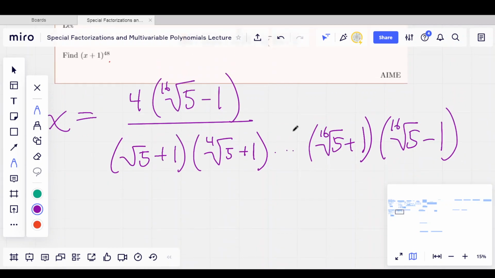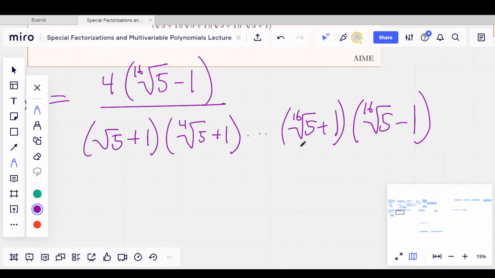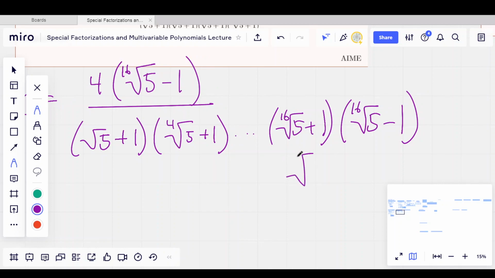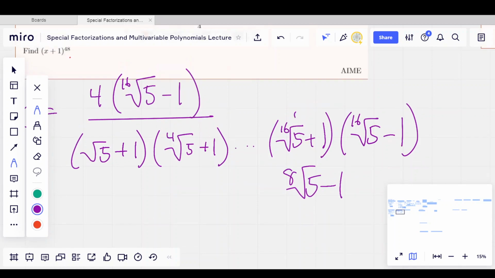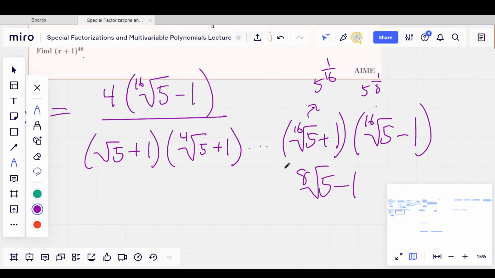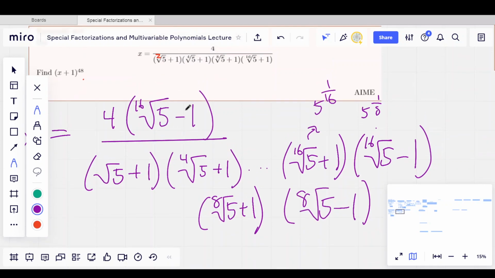As you can see, everything collapses from there. So this is just the 8th root of 5, because this is just 5 to the 1/16th, and then squaring it would be 5 to the 1/8. So it's just equivalent. And then we have another 8th root of 5 plus 1 from this one.